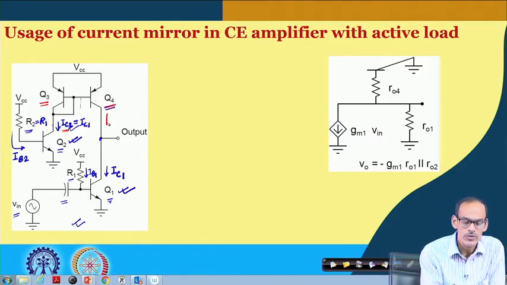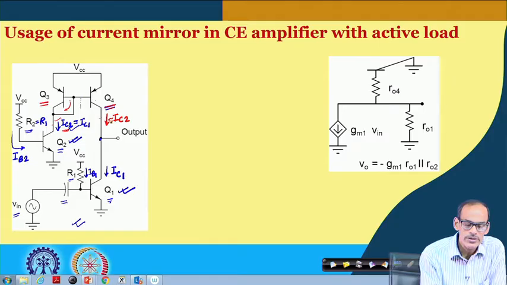So, the current flowing through transistor 4 is also approximately equal to IC2, because as you may recall, because of the base current loss, there will be a small difference between this current and this current.